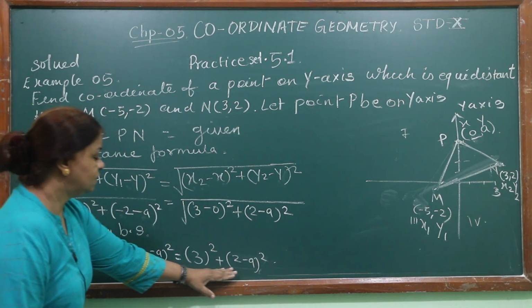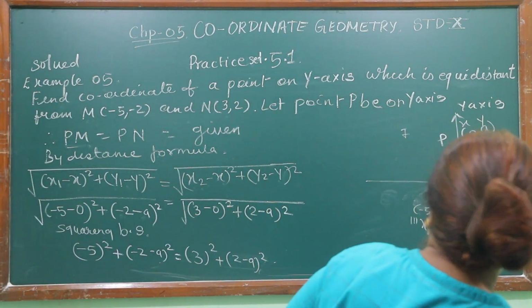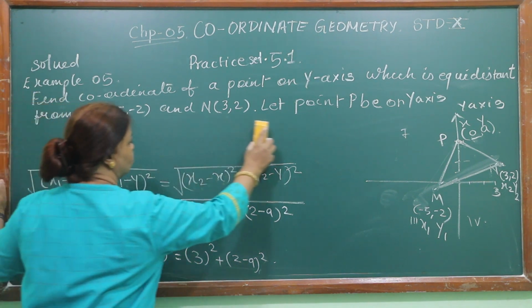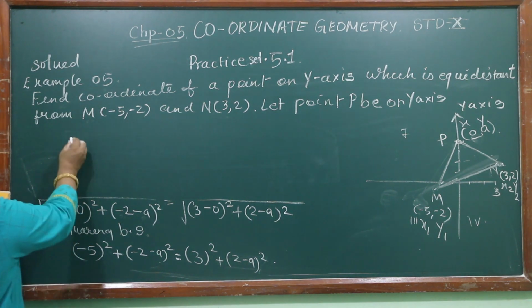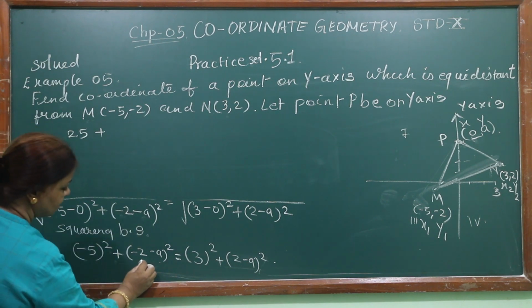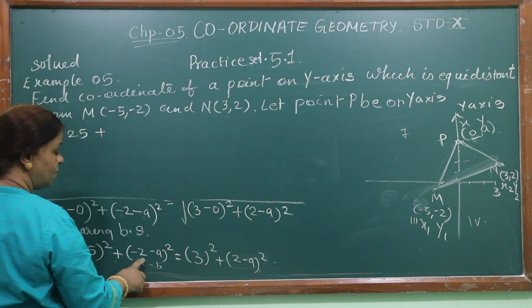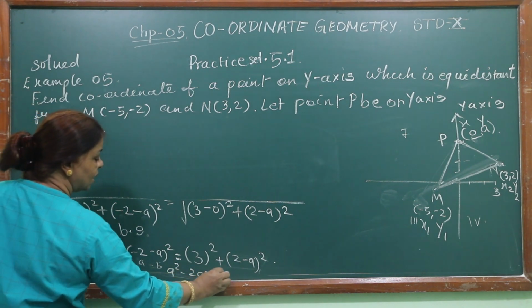Now we need to solve this, children. Let me rub it here so that I can use the board. Minus 5 the whole square will be 25, plus this is a minus b the whole square, so a minus b the whole square is a square minus 2ab plus b square.